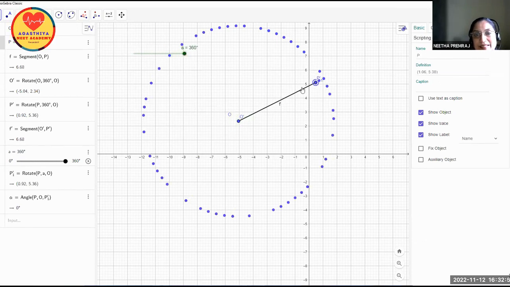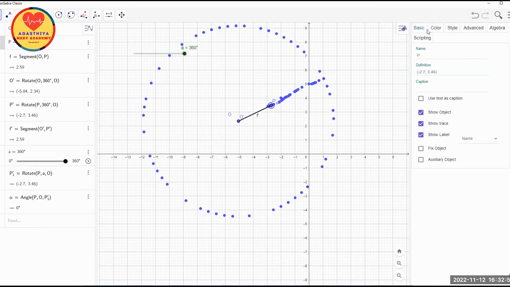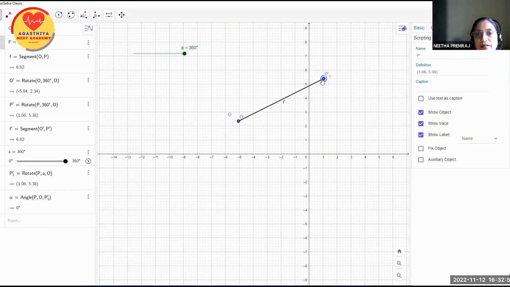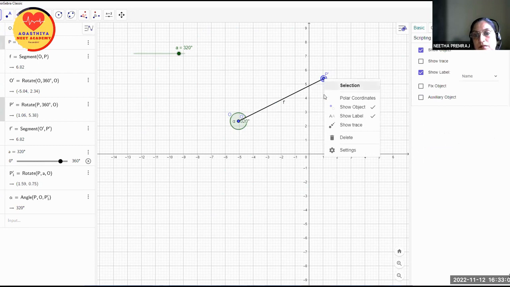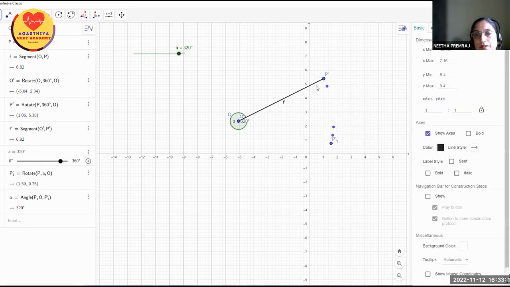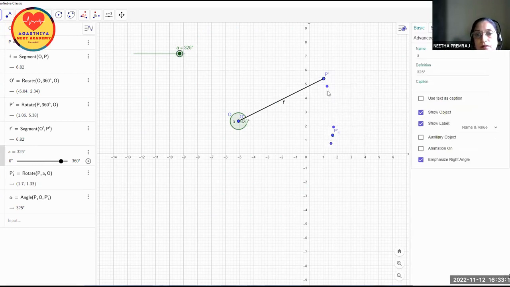You could see it, right? Yes, ma'am. So the locus. Wait, I just. The length, I can't reduce the length. Okay, it's fine.